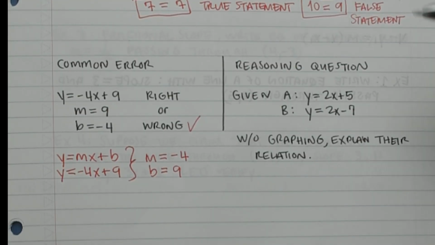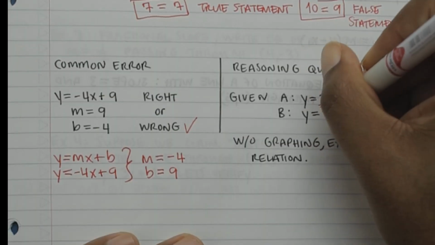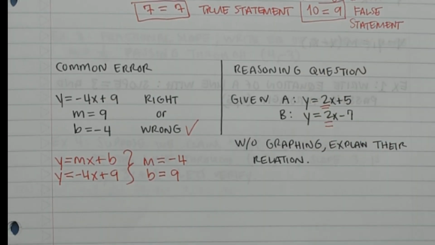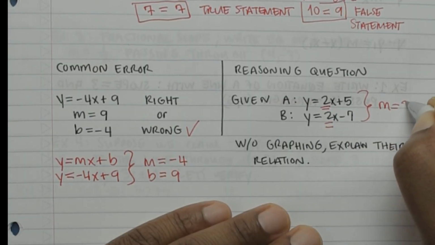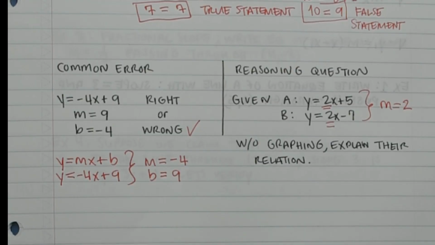Well, the first thing that stands out is the slope. Both lines have the same slope, m equals 2. Therefore, they rise at the same rate. But they have different y-intercepts.